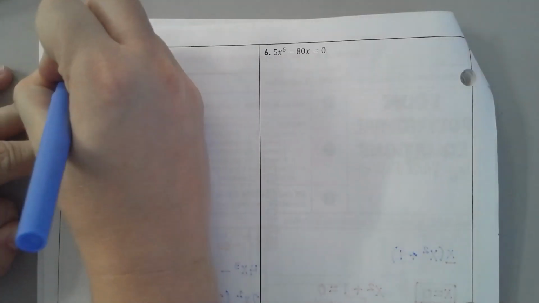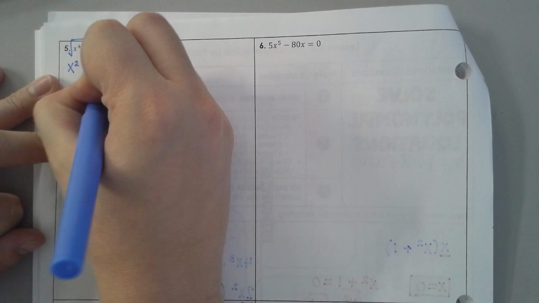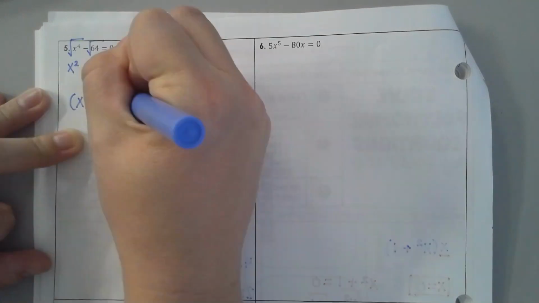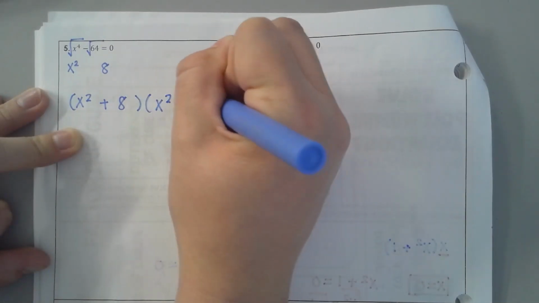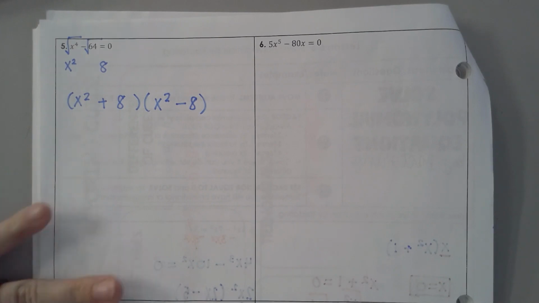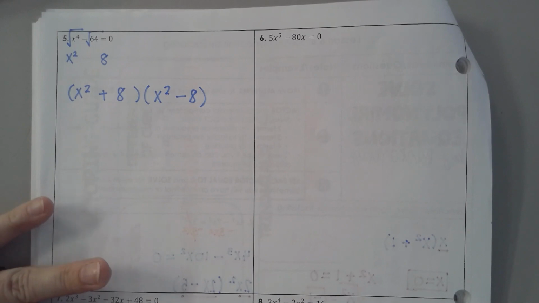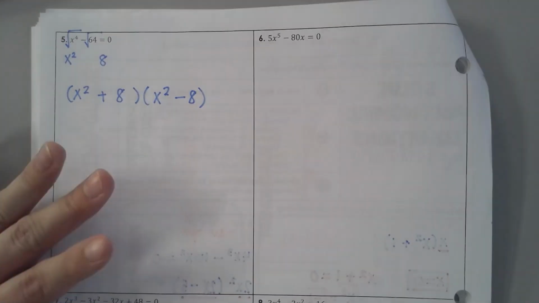So what's the square root of x to the 4th? X to the 2nd. Plus 8 squared minus 8. Now let's look to see if we have either of our factoring.